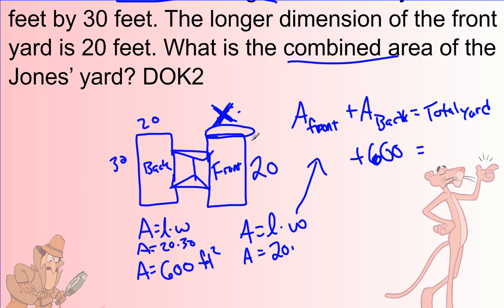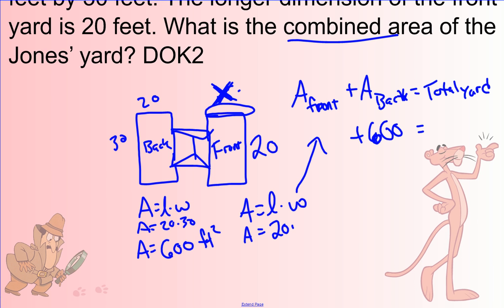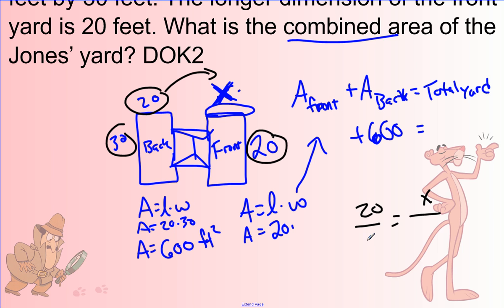So, how do we find this side? Do you remember how I said that there are similar rectangles? How do you find the missing side of a similar figure? You use a proportion. So we proportion this thing. 20 corresponds to X. 30 corresponds to 20.